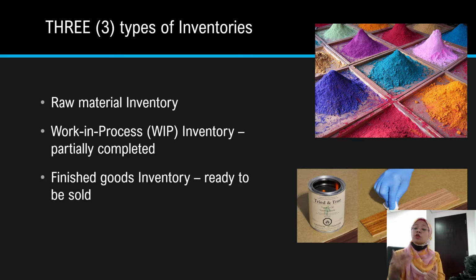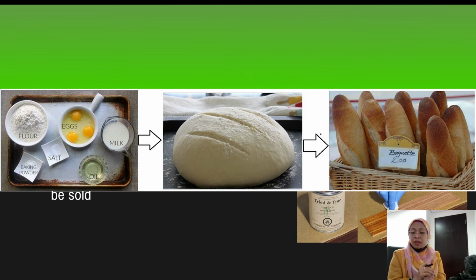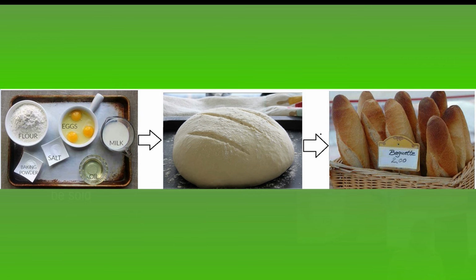Let's say you are producing bread. The bread you sold to your customer is supposed to be ready-to-eat bread. So the dough for the bread is classified as WIP inventory.